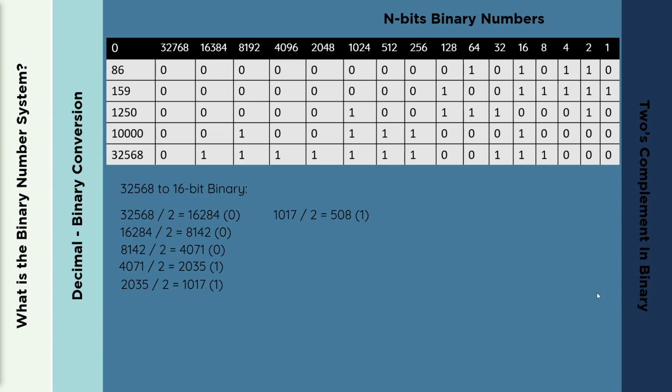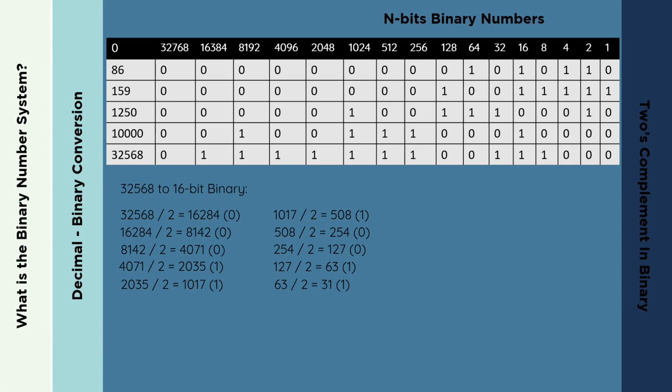508 divided by 2 is 254 with no remainder. 254 divided by 2 is 127 with no remainder. 127 divided by 2 is 63 with a remainder of 1. 63 divided by 2 is 31 with a remainder of 1.